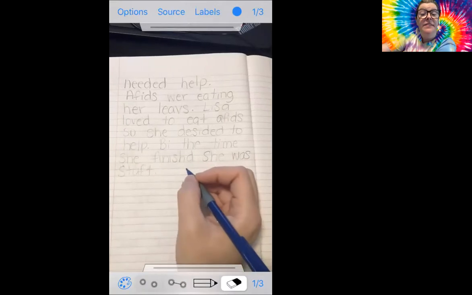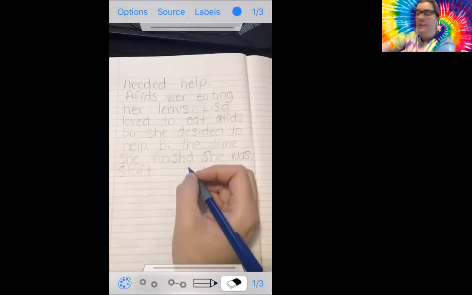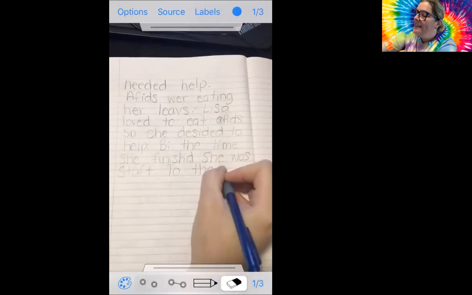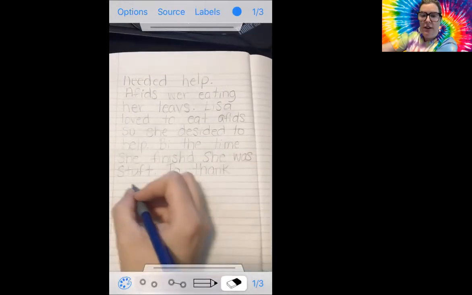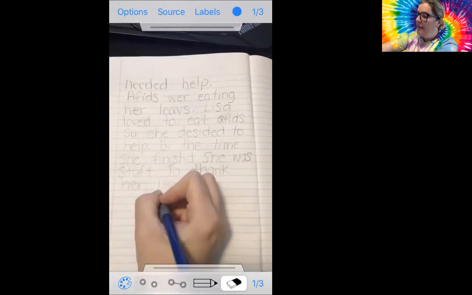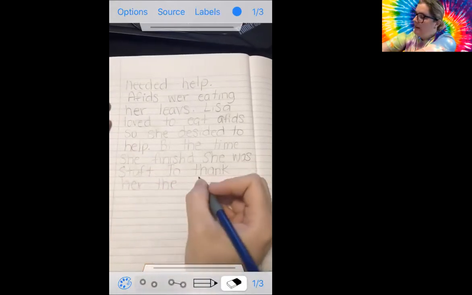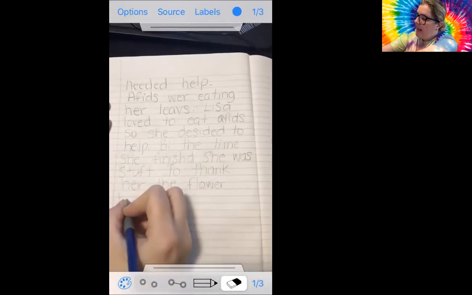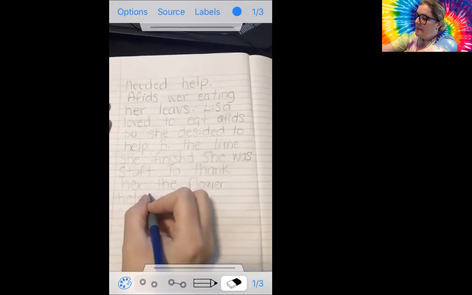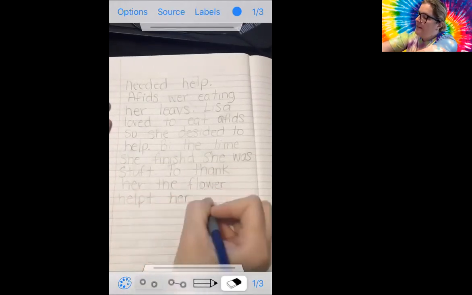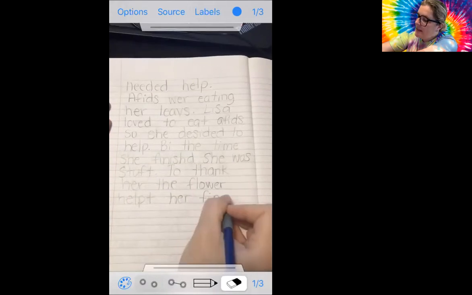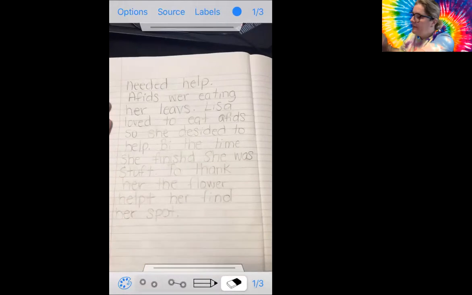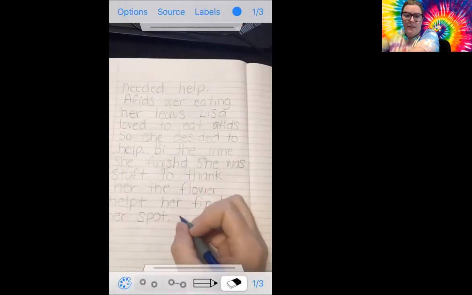I'm going to say to thank her, the flower helped her find her spot. To thank her, the flower helped her find her spot. Okay.